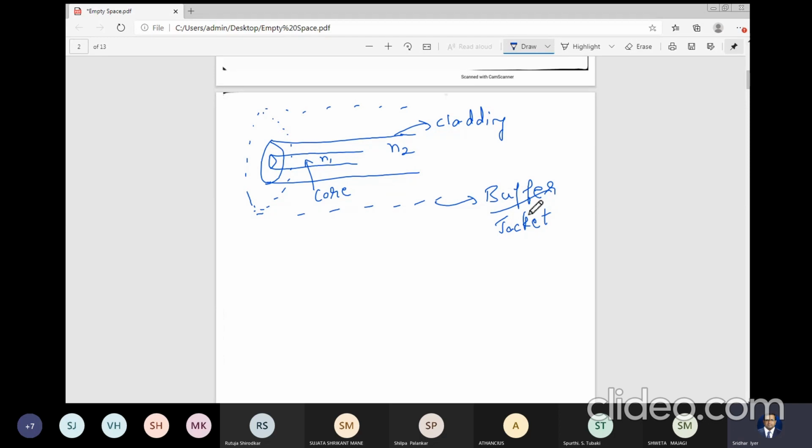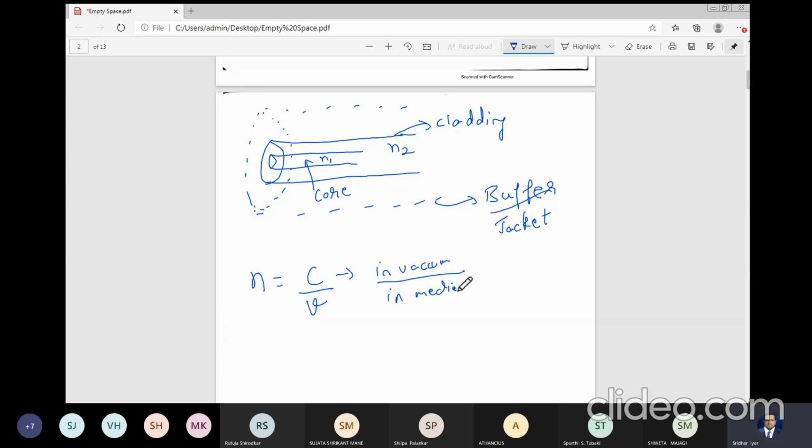So let's see what is this refractive index very quickly. The refractive index N is defined as C by V, where C is the velocity of light in vacuum or speed of light in vacuum, and V is the speed of light in a medium.